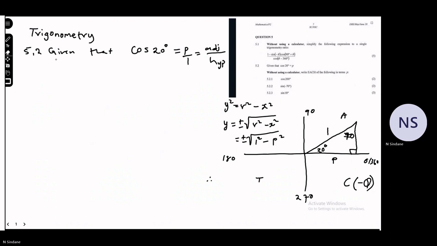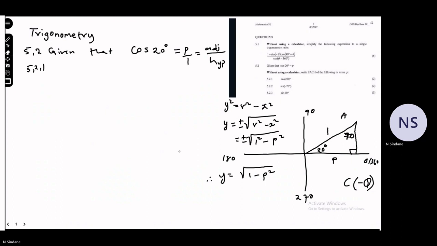Therefore, the value of y will be positive. Why am I saying that? Because it's in the first quadrant, and in the first quadrant both x and y are positive. Both the vertical and the horizontal values are positive in the first quadrant, right? So I already have the value of y. Now let's go to problem solving.